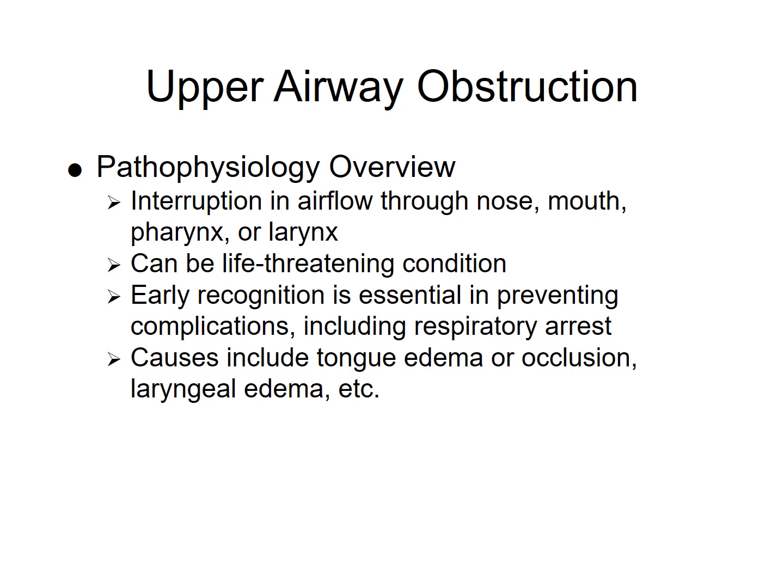It can also be caused from peritonsillar and pharyngeal abscesses, head and neck cancer, thick secretions due to poor oral hygiene, stroke and cerebral edema, facial, tracheal, or laryngeal trauma or burns, and also from foreign body aspiration. And if there's a foreign body, this obstruction may be managed as an outpatient or in the ED.